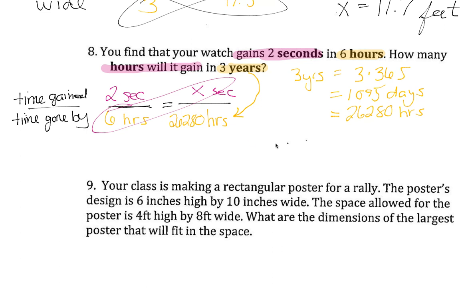So that's 6x equals 52,560. Divide both sides by 6. That's 8,760 seconds. So how many hours are in those many seconds?